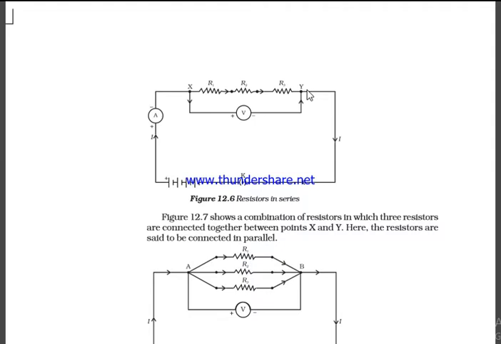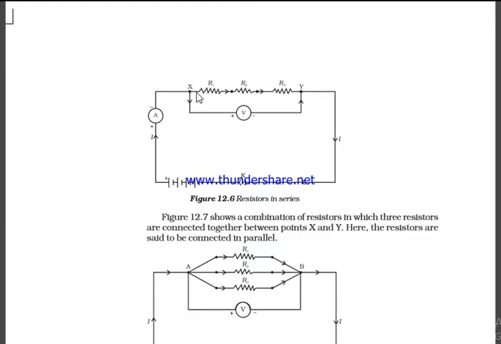In the same way, as we already discussed, current is the flow of electrons. The current flows from the positive terminal of the battery to the negative terminal, that is the direction of current, as you can see given. As the current reaches here, it has to pass through all three resistors. We already discussed that resistance is the obstruction to the flow of electrons.